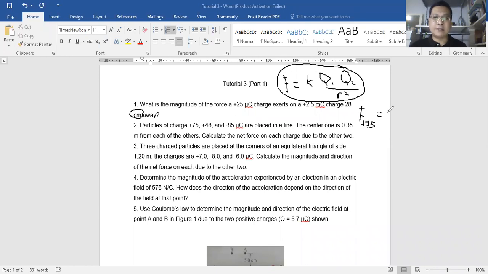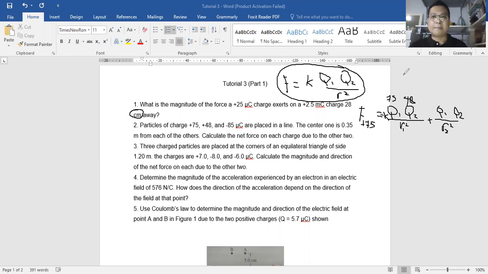Q1 is 75 and Q2 is 48, in the negative K direction over the R square, and then positive, Q1 and Q2 with the other number, and then it should be R2. This one is R1, this one R2.